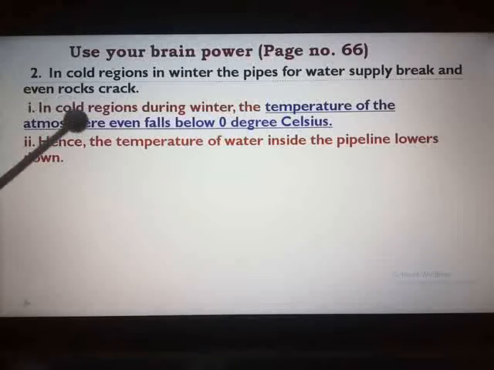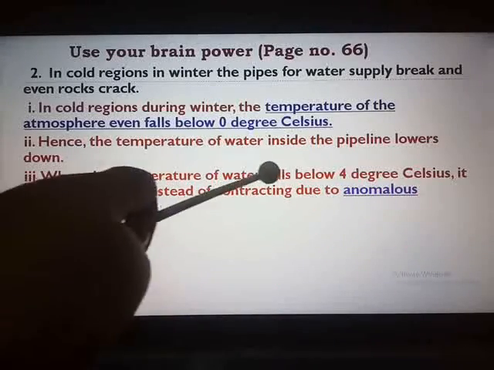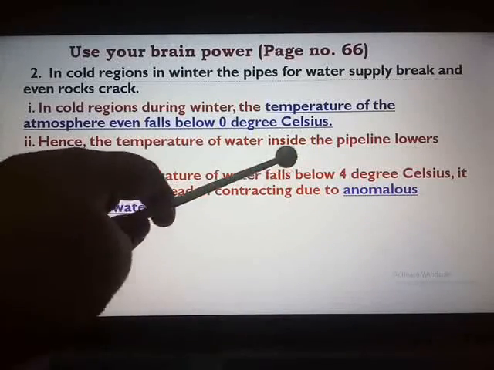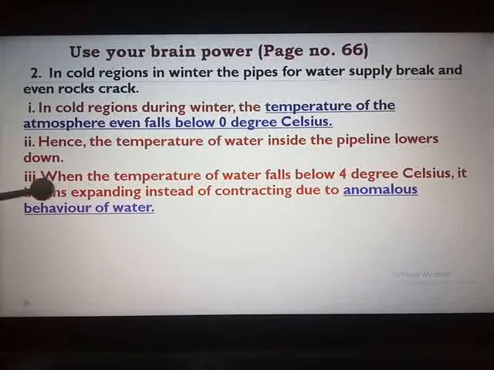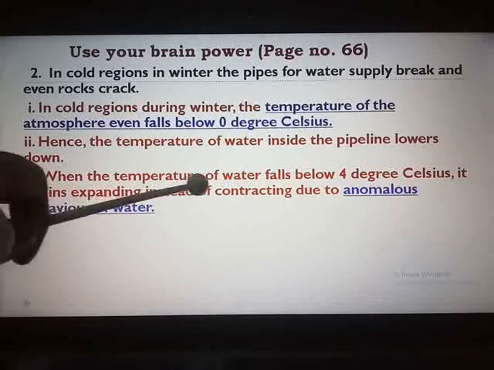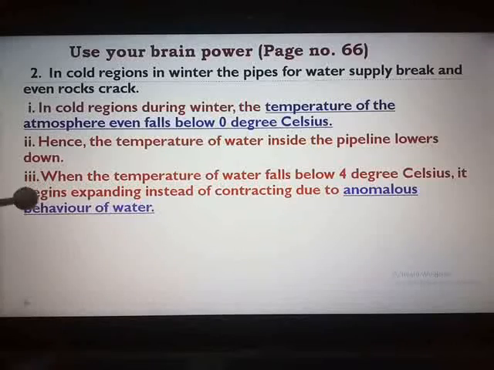Second point, hence the temperature of water inside the pipeline also decreases. As the temperature in the surroundings goes on decreasing, the temperature of water inside the pipeline will also lower down. And as the temperature goes below 4 degrees, what will happen? When the temperature of water falls below 4 degrees Celsius, it begins expanding instead of contracting due to anomalous behavior of water.